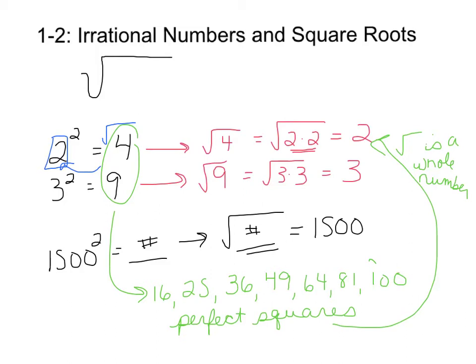Let's take, for example, what if I asked you what the square root of 13 was? It doesn't come out evenly. It will not come out evenly. But if I take a look at the 13, if I think, what are the perfect squares?